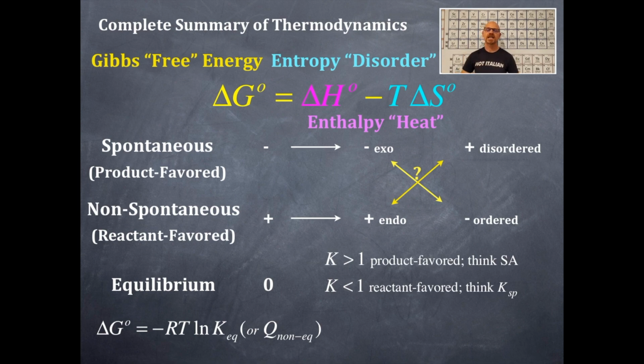That is a precipitation problem. Those are all reactant favored. Okay? Delta G can also equal the sum of the delta G of formation for the products minus the sum of the delta G of formation for the reactants. So there's a lot of different ways to determine the value of delta G. It is all dependent on what information you are given in a problem.